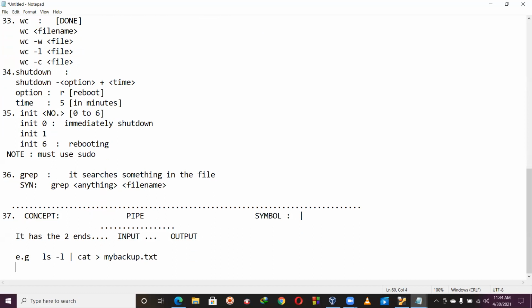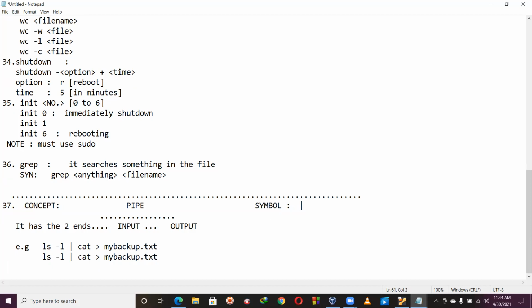So many things. Suppose I want to write another thing. Here, ls -l pipe cat greater than sign, my same backup.txt. Both are the same, so here I am omitting this one.